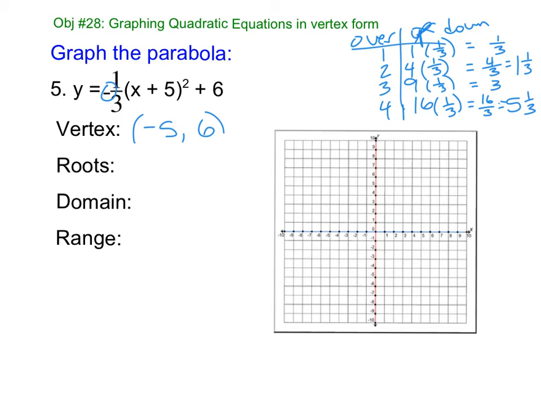So we've got -5, 6. Over 1, down 1/3. Over 2, down 1 1/3. Over 3, down 3. Over 4, down 5 1/3.